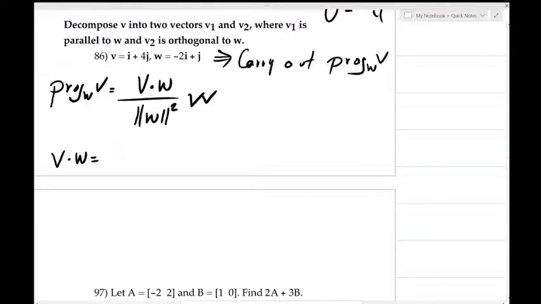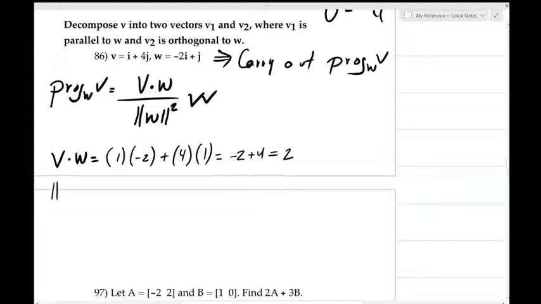v dot w will be 1 times negative 2 plus 4 times 1, and that will be negative 2 plus 4, and that is equal to 2. Cool.